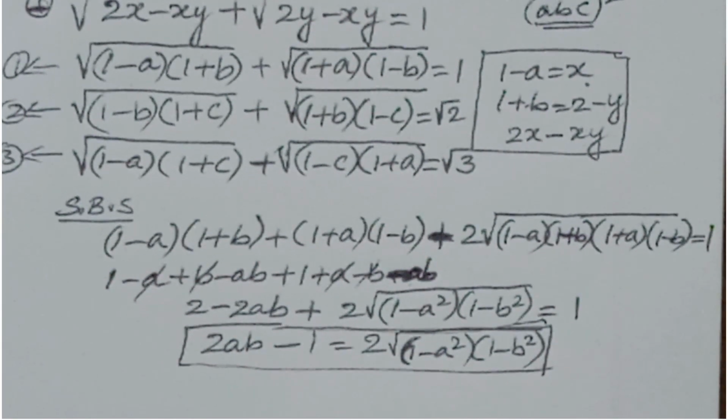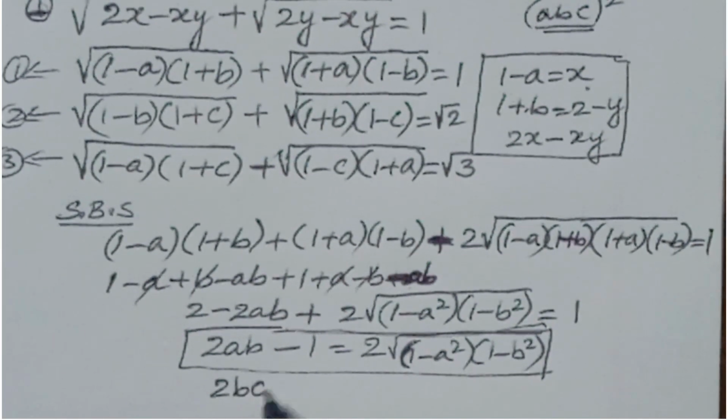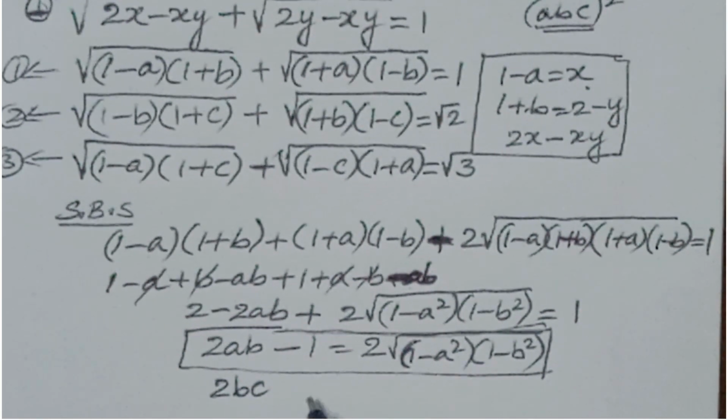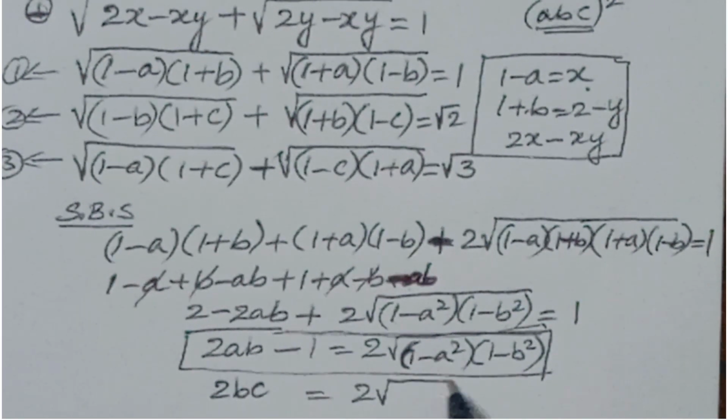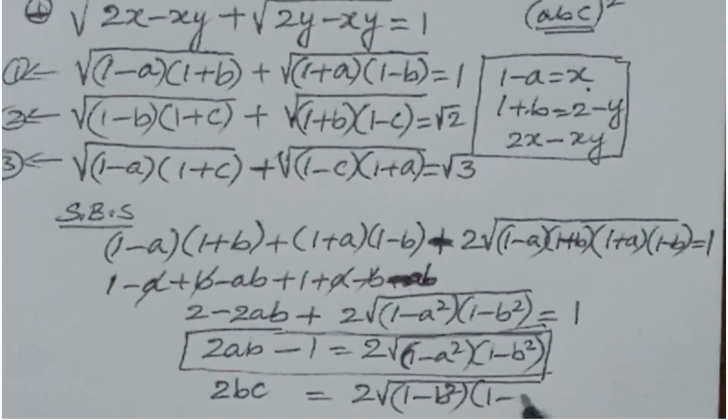So similarly, if you take the second one, 2bc, here you will get 2, here also square root will get 2, both will get cancelled. 2 root of 1 minus b square into 1 minus c square.